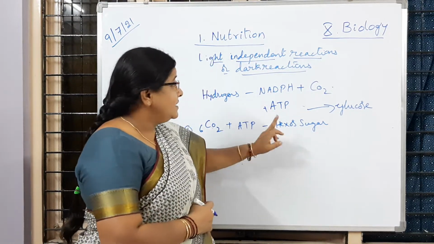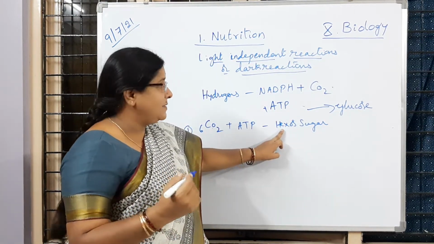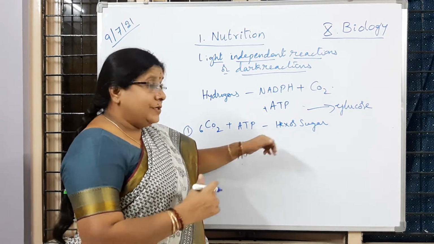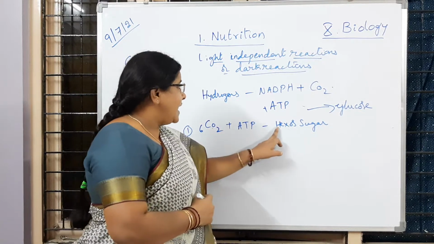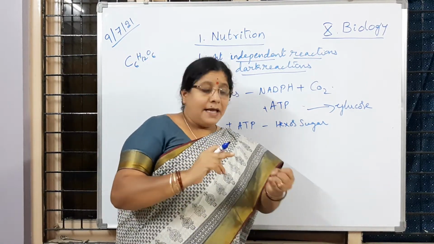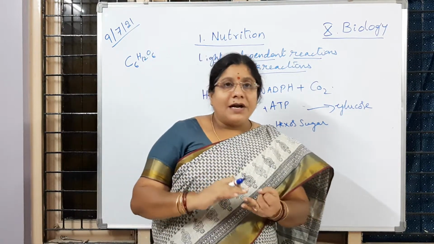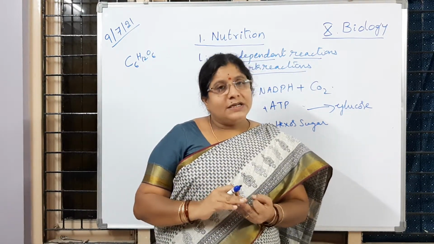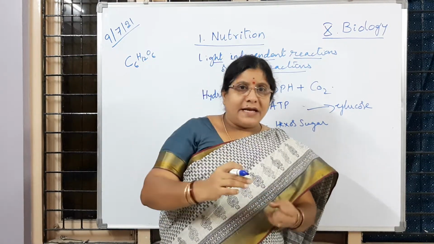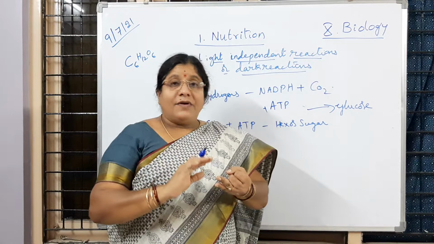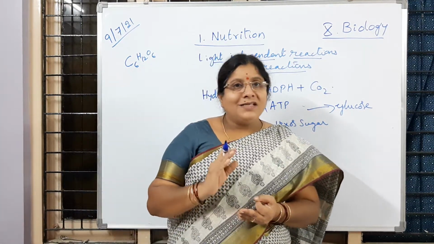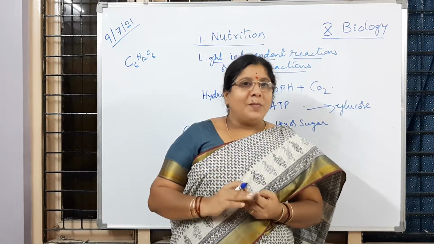Now this hexose sugar is highly unstable, and it is going to use up one of the carbon atoms, and finally it forms, at different levels, hexose sugar, then glyceraldehyde 3-phosphate, phosphoglyceric acid. All these are carbon compounds only.